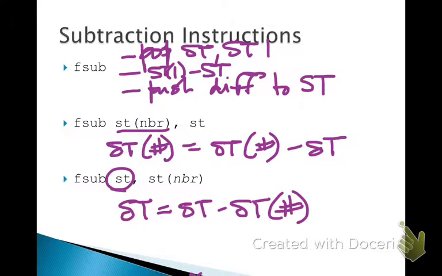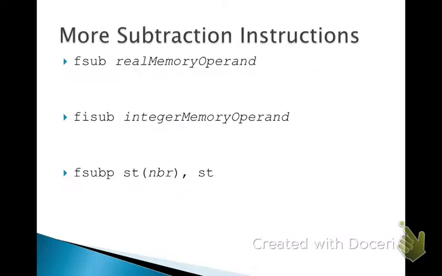I can also have some values in memory as operands. So in this first case, I'm going to calculate ST minus my real value. This will overwrite ST. So ST minus whatever float value we indicate.